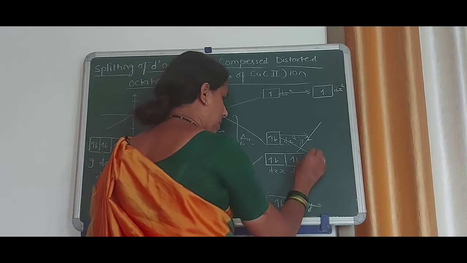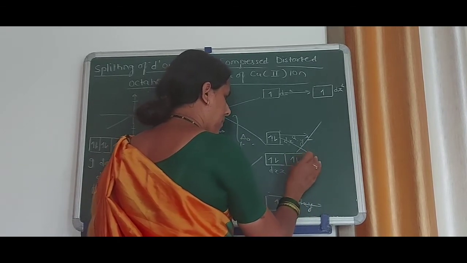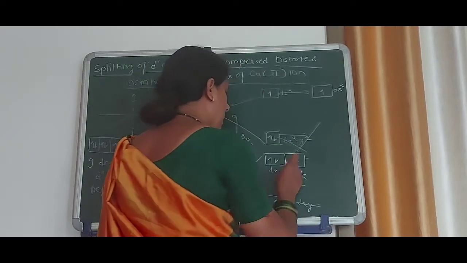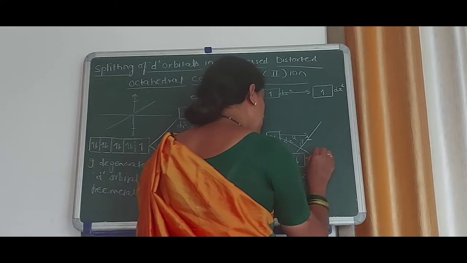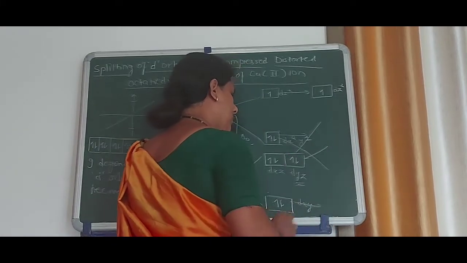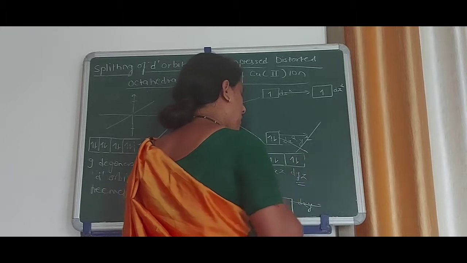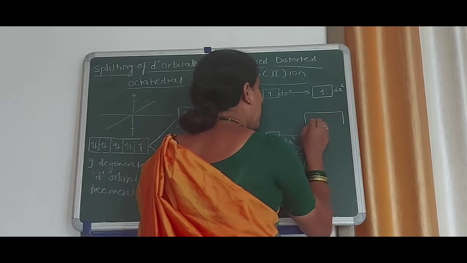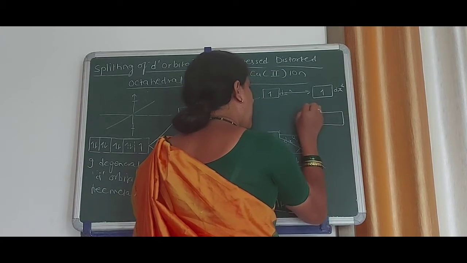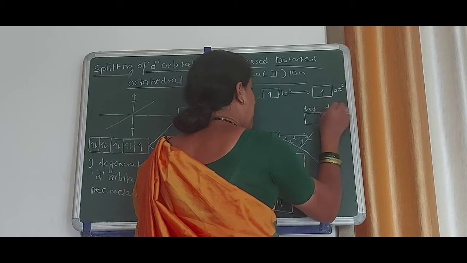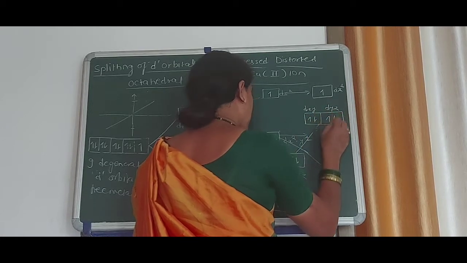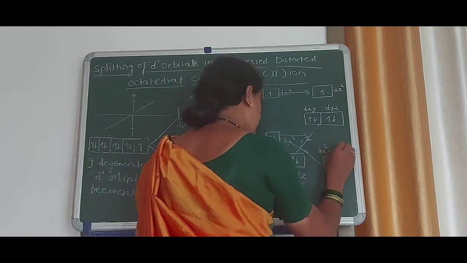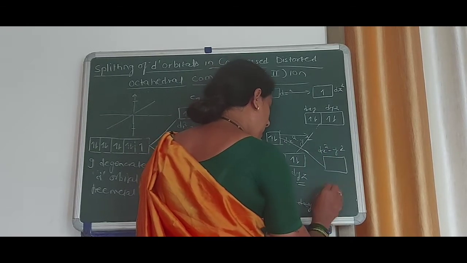Therefore, dxy, dyz, here dx square minus y square, and here also dxy.